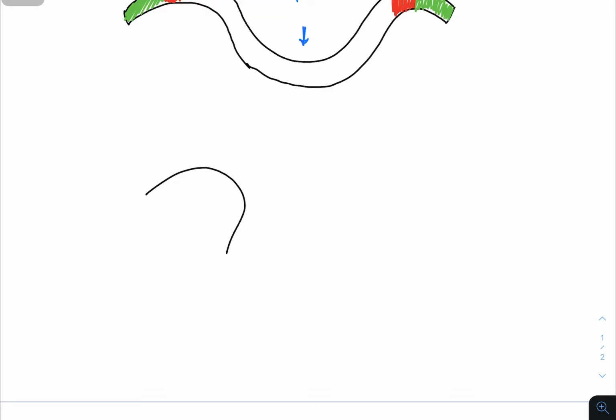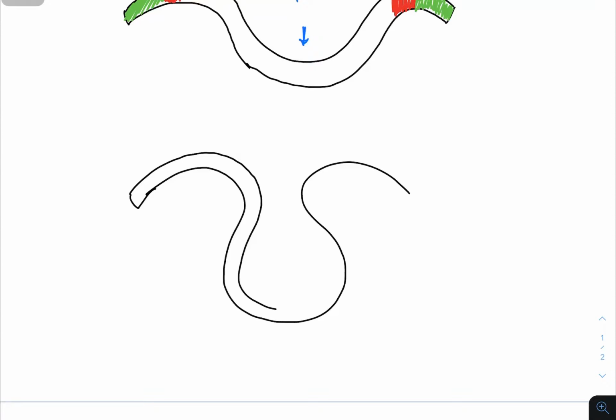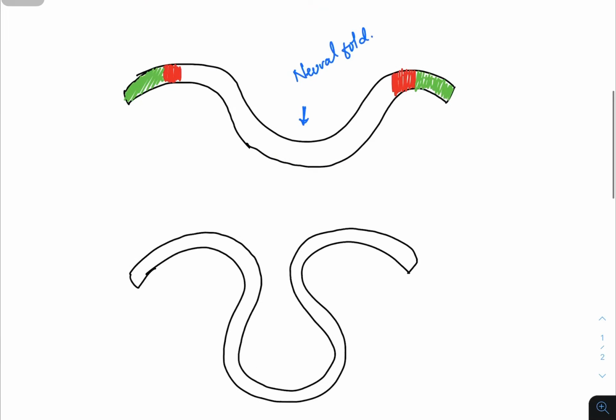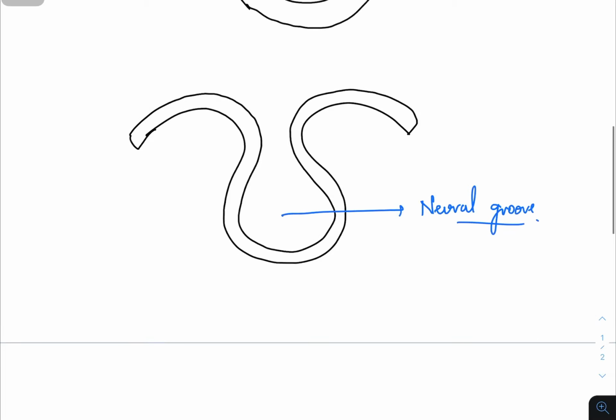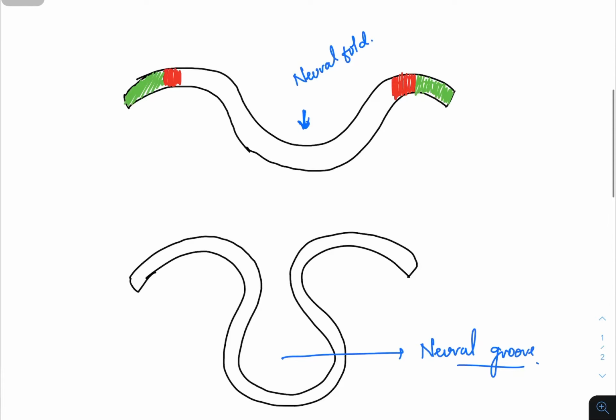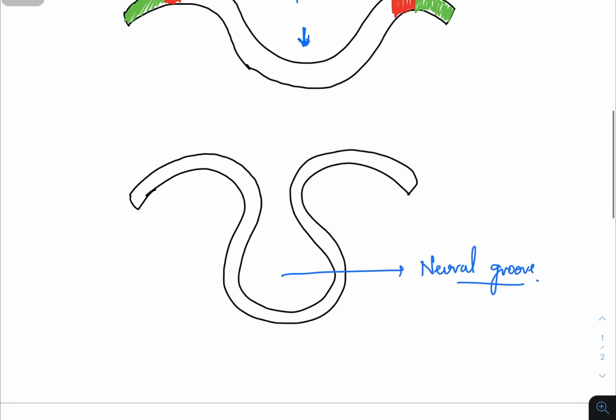Look here, you see the fold has further increased in depth like this, and finally the neural fold, which was increasing in depth, has transformed into this part. This is called the neural groove. So this is called a groove and this is called a fold.